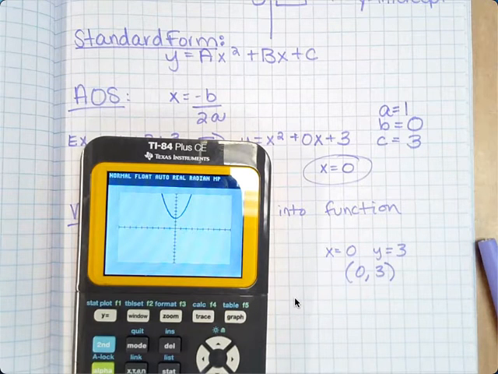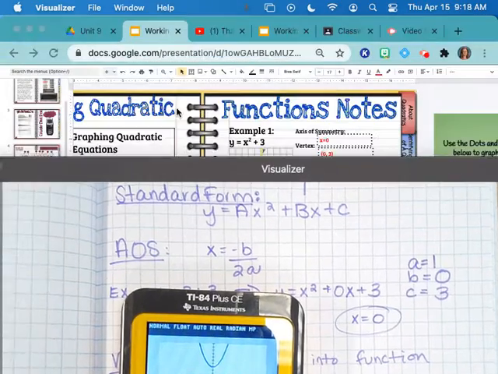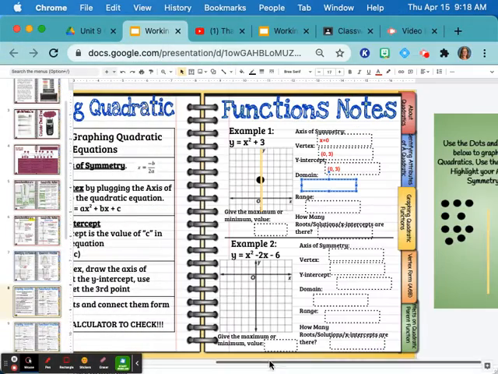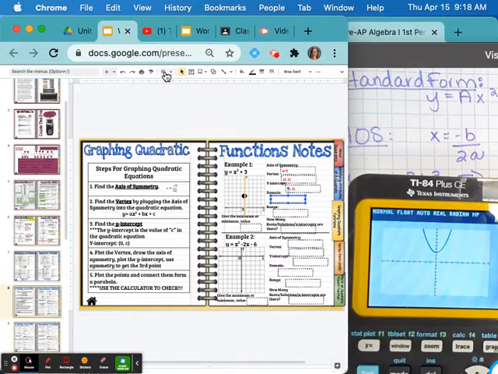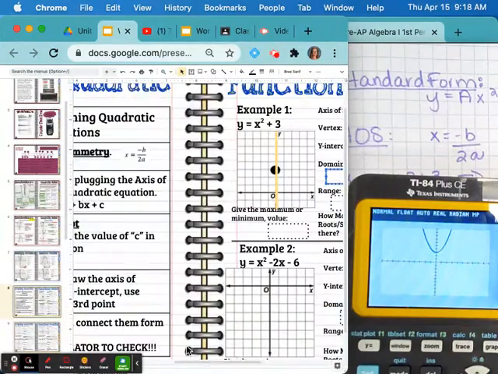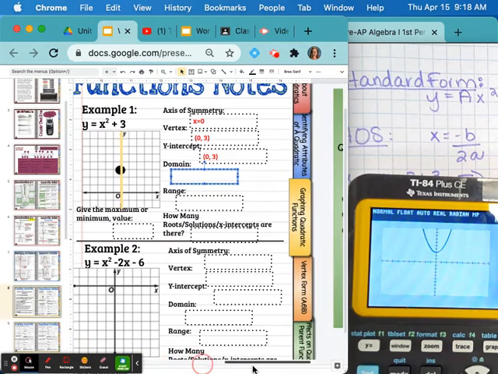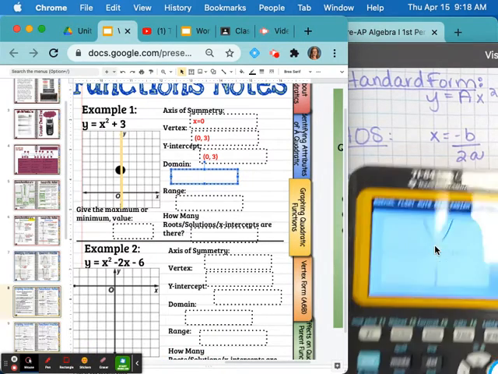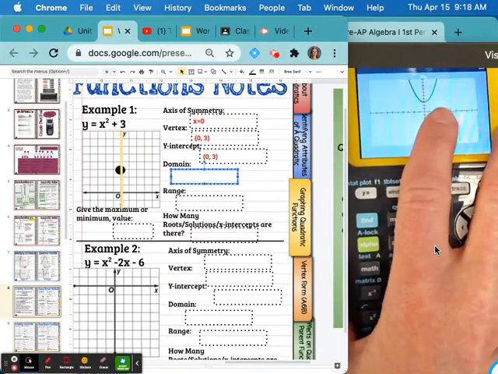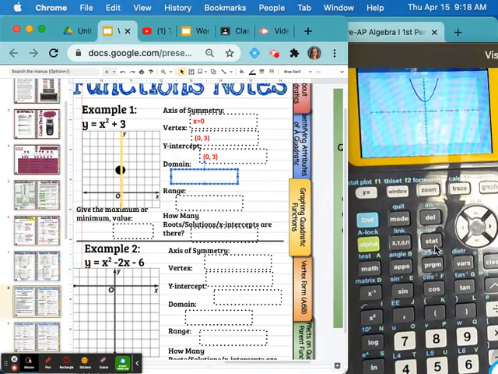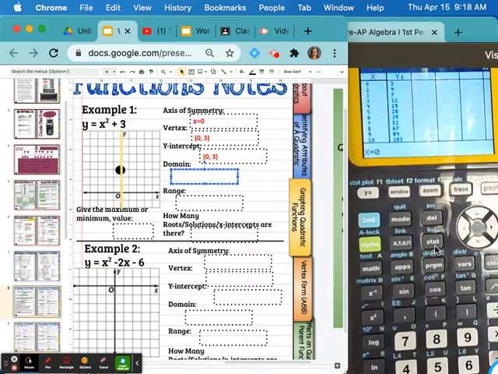We need a few more points so we can graph it on our paper. So let's see. Move this over. I need a few more points. So where could I find some more points to plot? Yeah, the table. So second table.